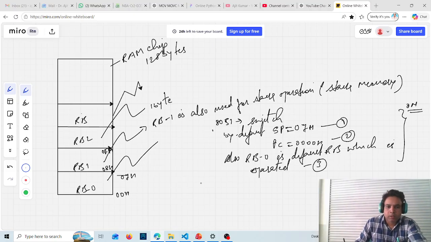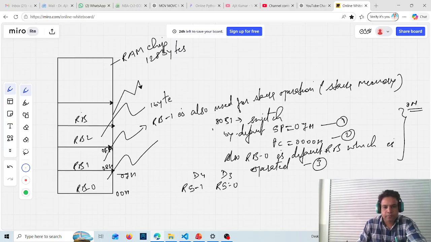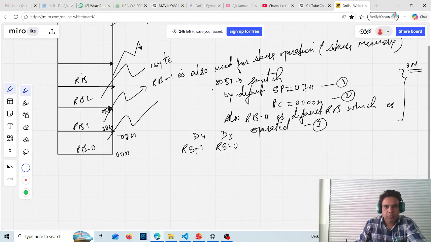Now, first of all, in the PSW register, we have seen the RS1 and RS0 bits. These two bits, I think D3 and D4 of our PSW register, are encoded to choose the register bank.